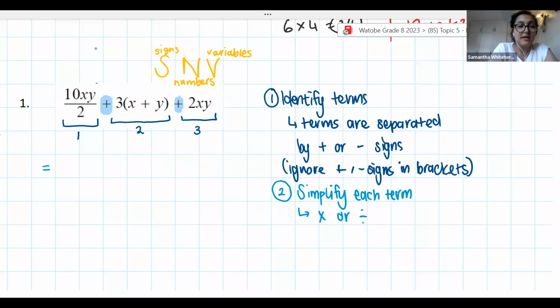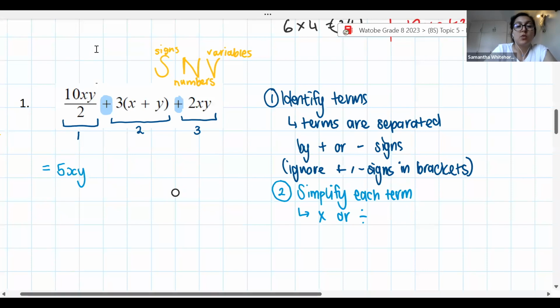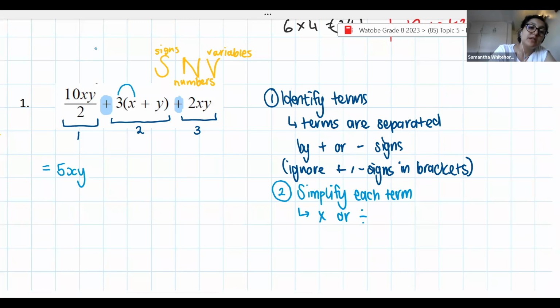That's signs done. Numbers. 10 divided by 2 is 5. And then I've got my variables x, y. I don't have any variables in that denominator, so I can't do anything with the x and the y. It stays xy.